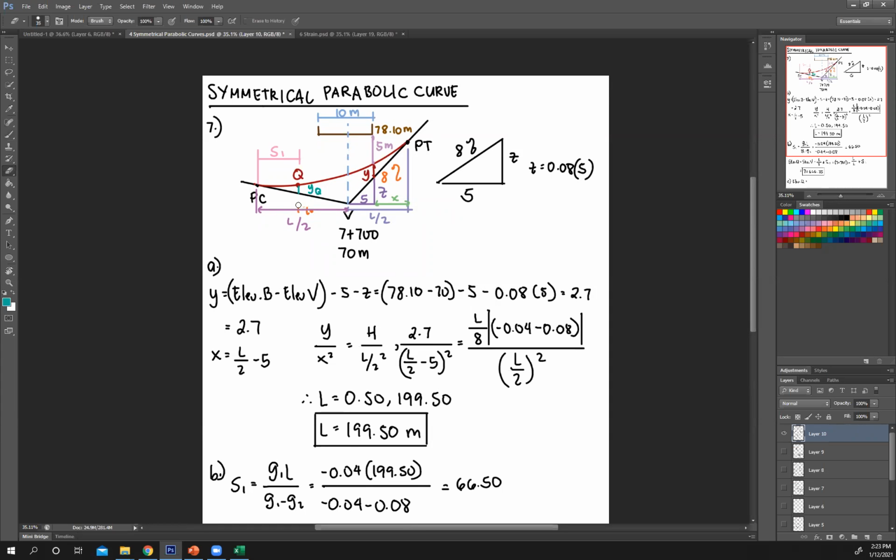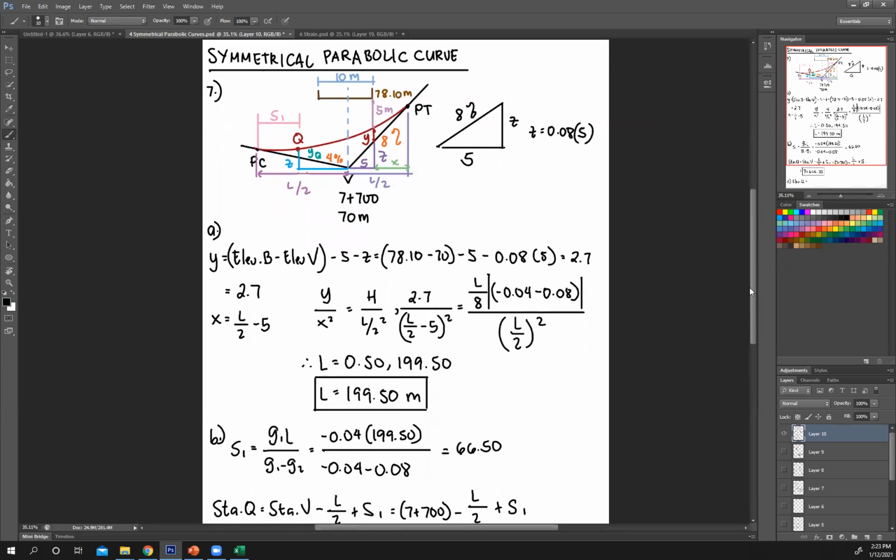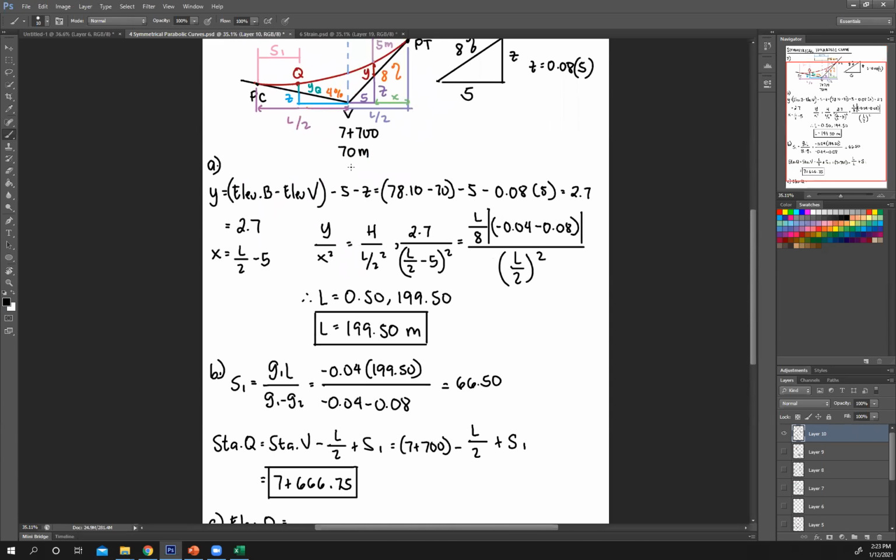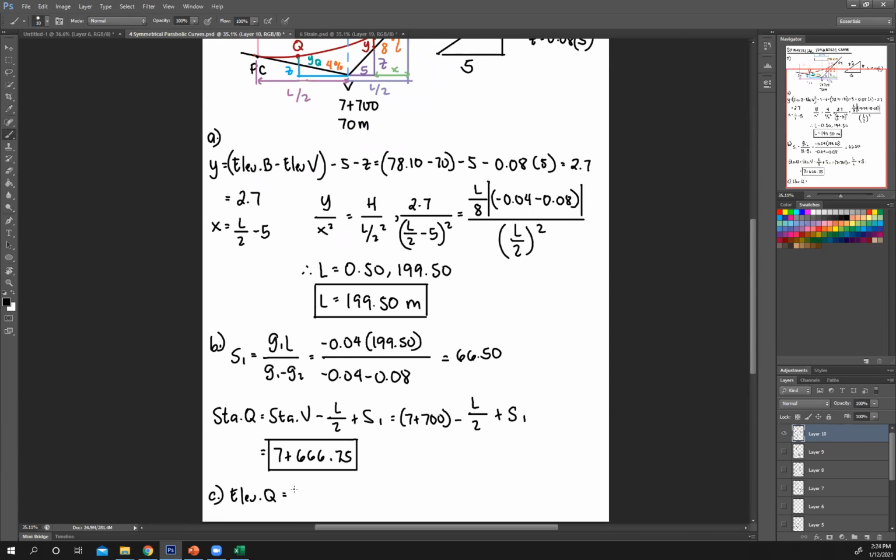Let's remove this 4%. Let's call that Z. So the elevation of Q is just the elevation of your vertex, right?